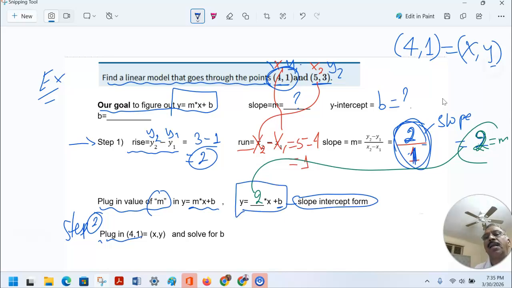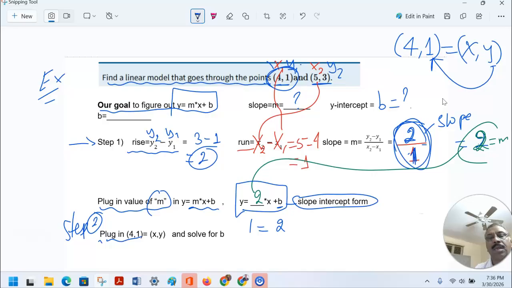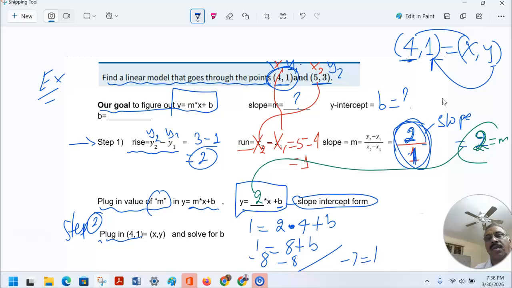So the y is 1, so 1 equals 2 times x, and the x is 4, plus b. That becomes 1 equals 8 plus b. If you subtract 8 from both sides, you can see minus 7 is b, and you're done.